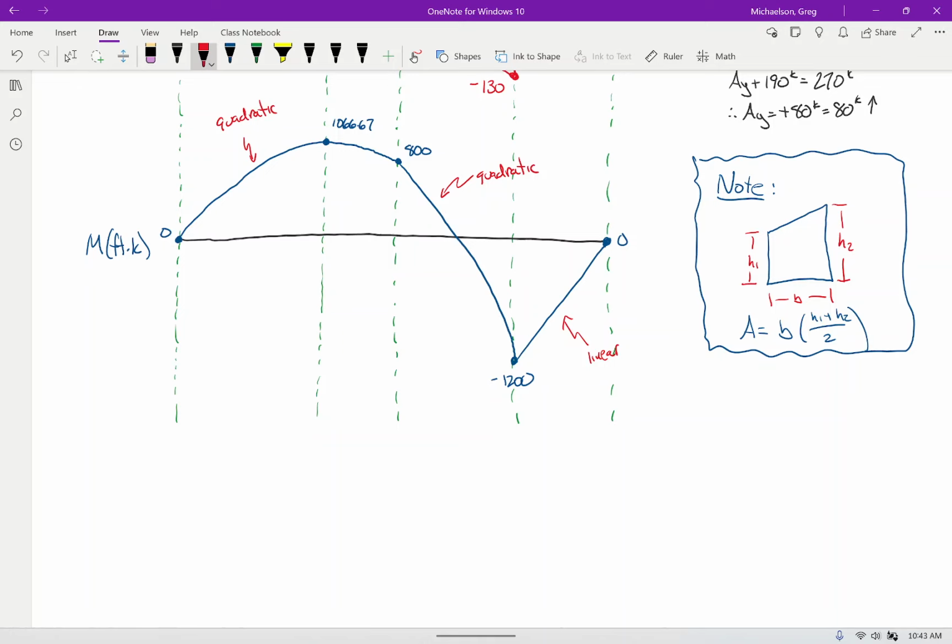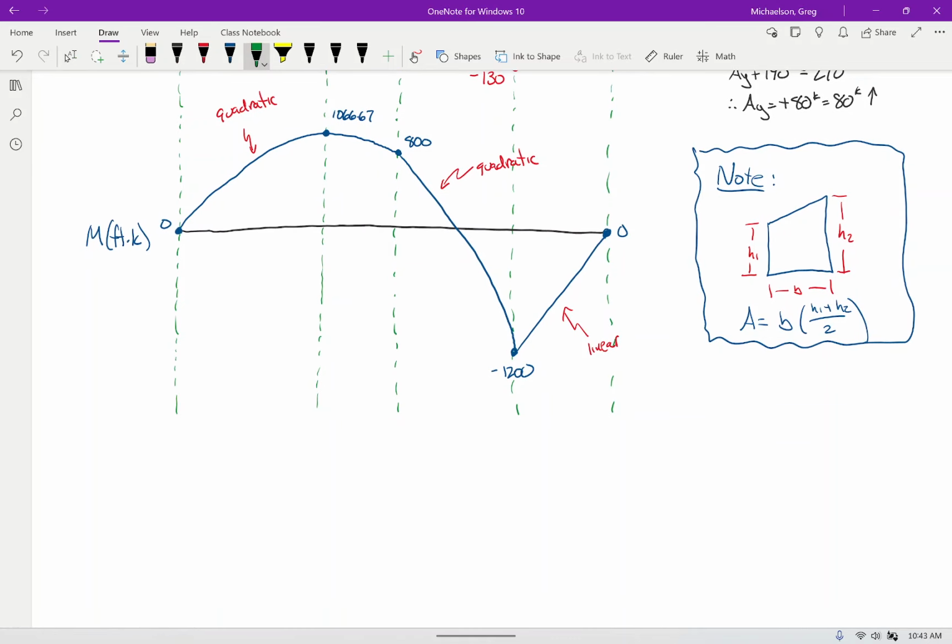We have one moment function that goes from here to here, and then another moment function that continues. And what's the difference? So I'll do my best to illustrate that. If you want me to zoom in on that, okay?